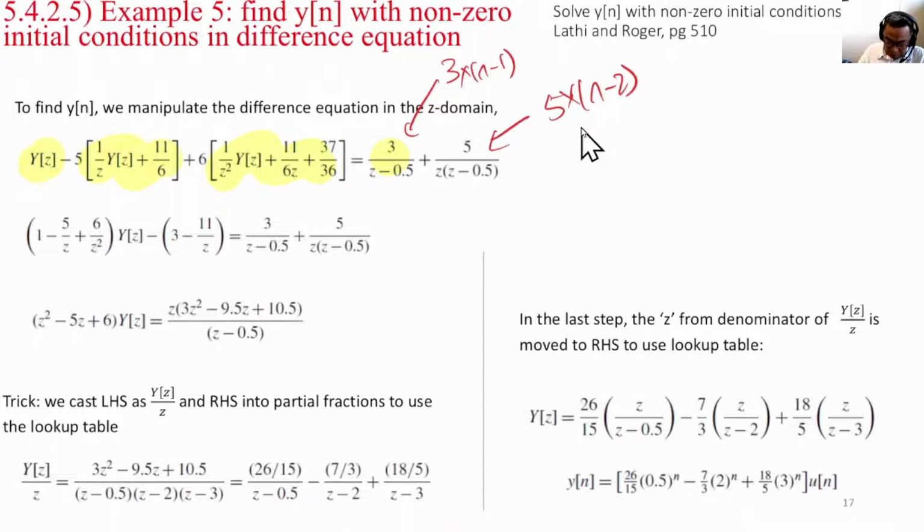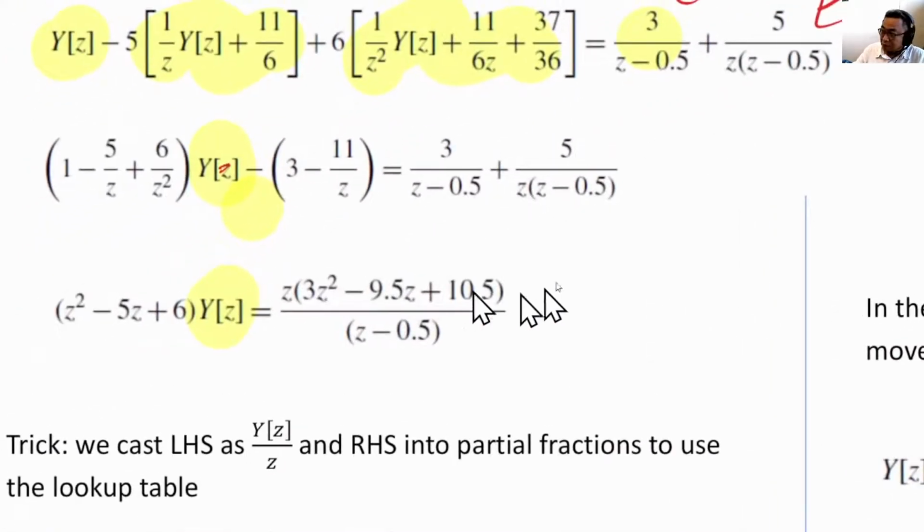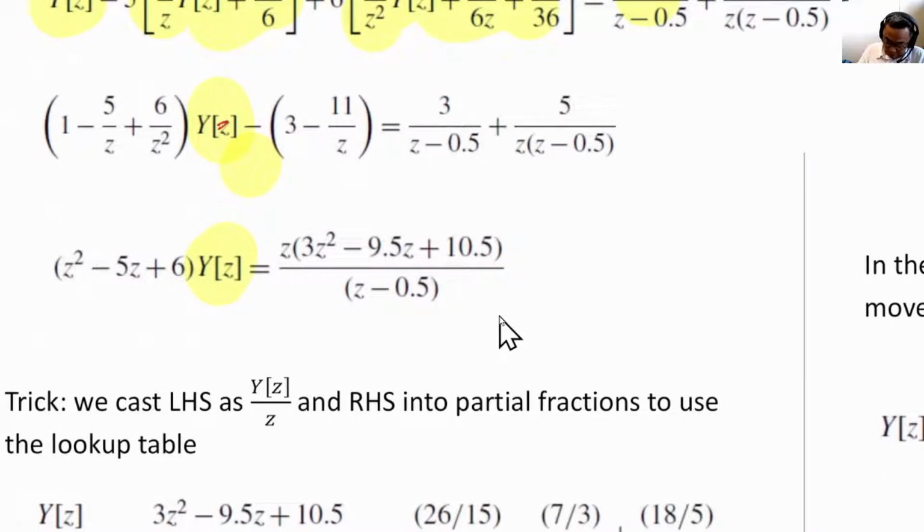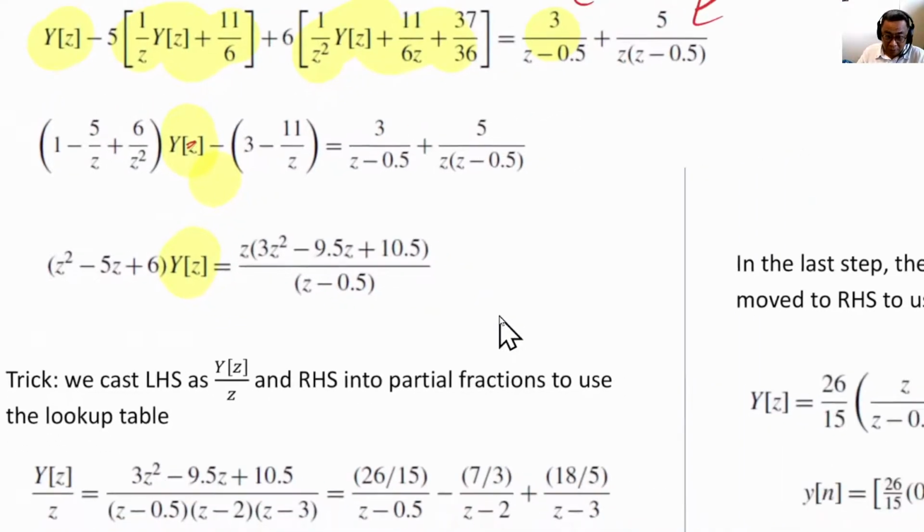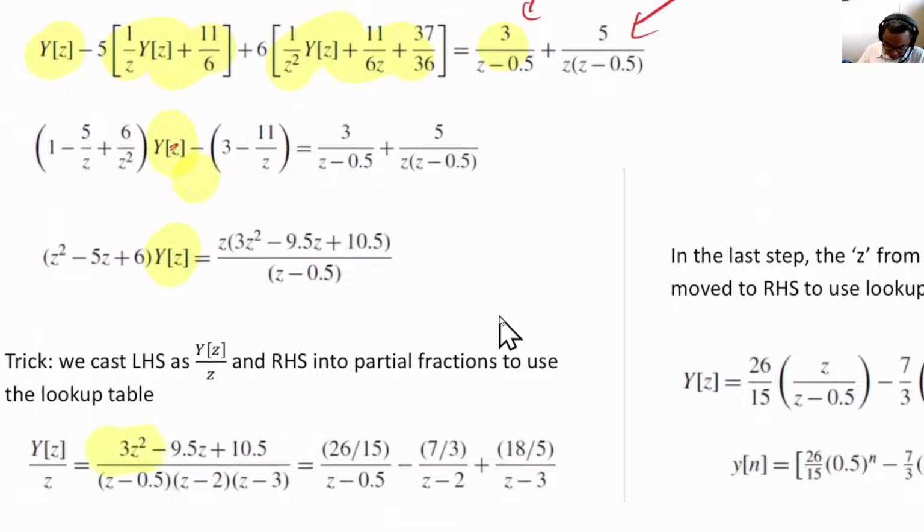We're now ready to manipulate and get the Y(z) terms together. So this is the Y(z) we are interested in. You start to shift the polynomials of z such that you can get Y(z) into some expression which allows us to perform partial fraction expansion.